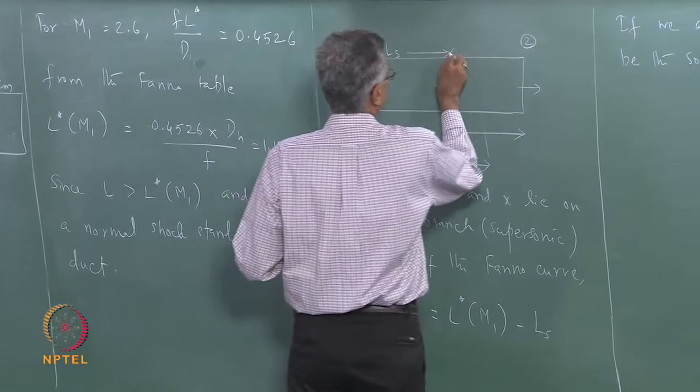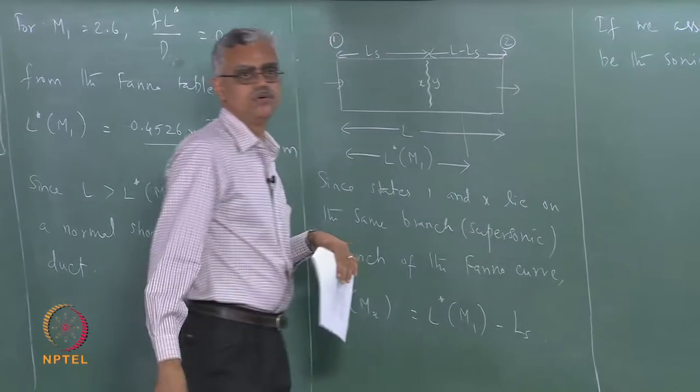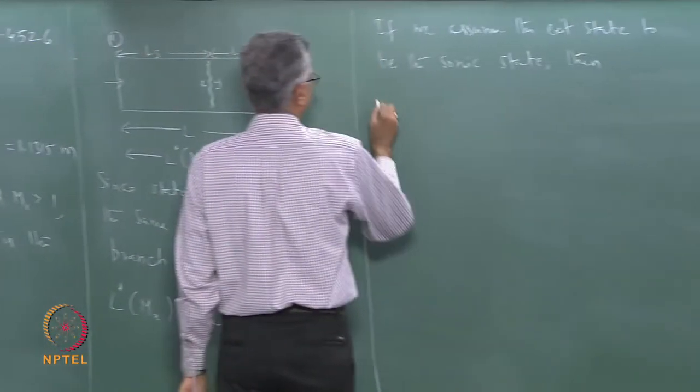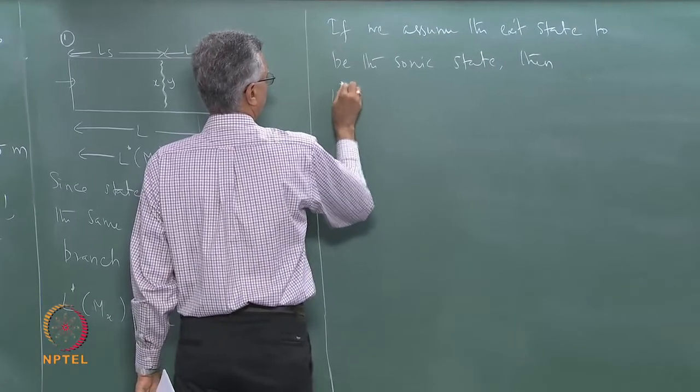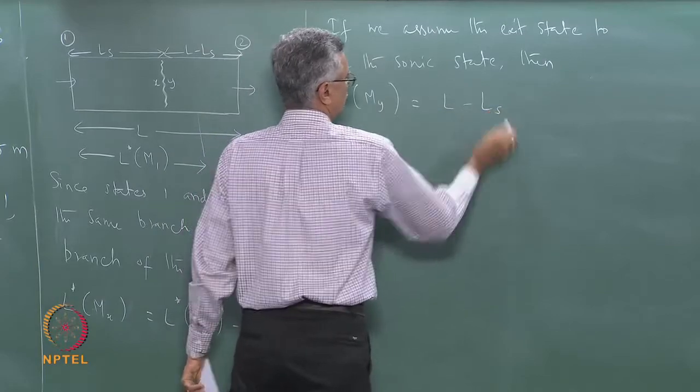So, this is L minus Ls, and that has become equal to L star now. So, if you assume the exit state to be the sonic state, then L star corresponding to My is L minus Ls.